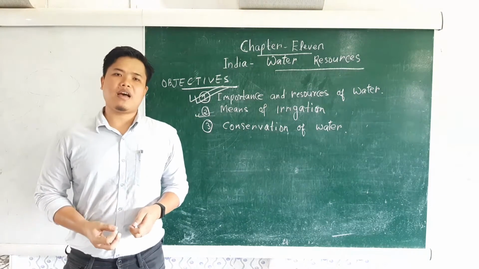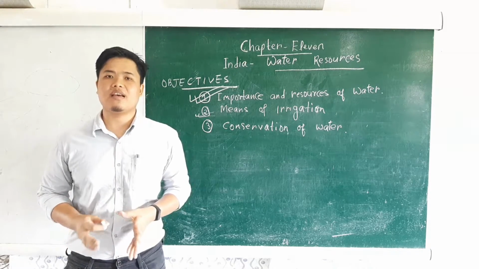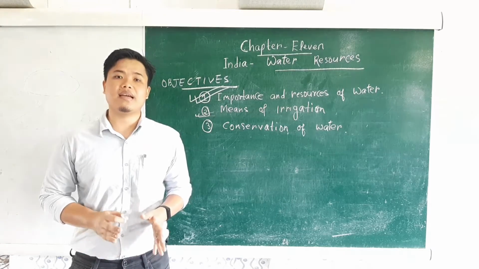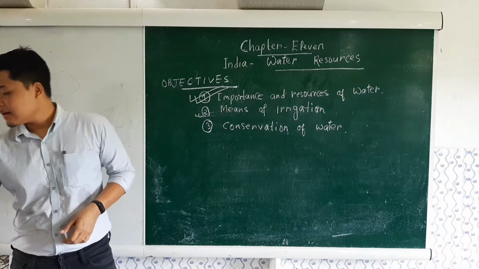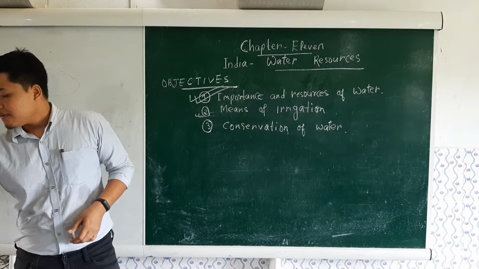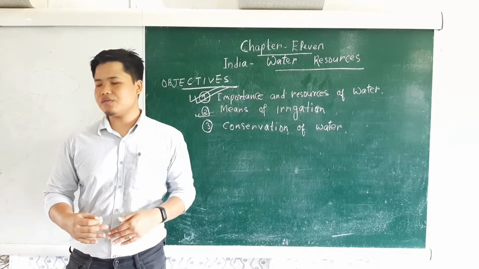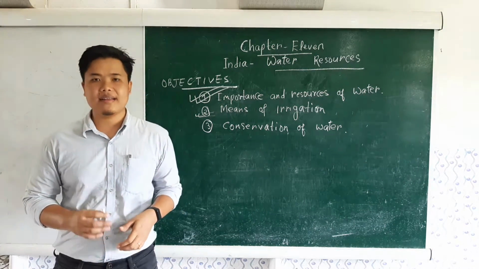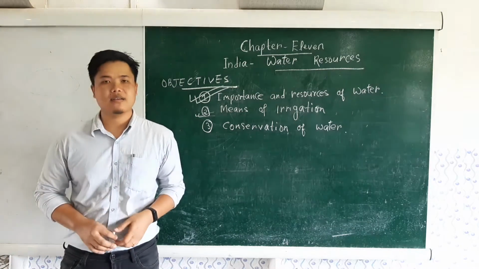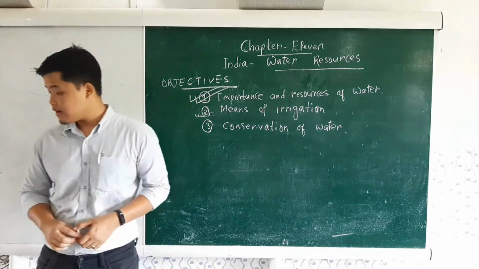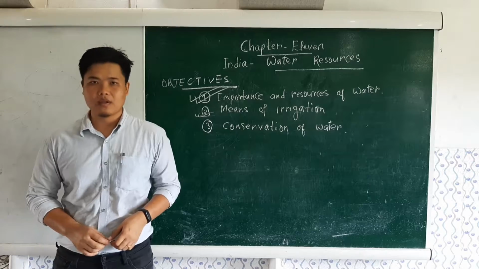And you know, in India we have a very good network of canals, especially for irrigation. The main canals of our country are Indira Gandhi canal, Agra canal, Ganga canal, Buckingham canal, etc.